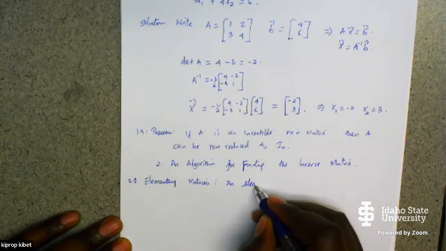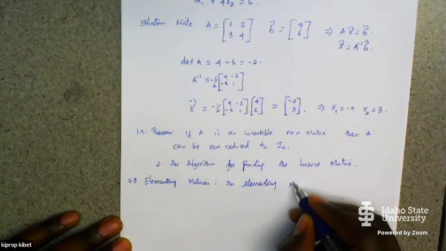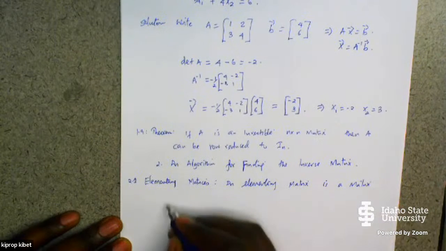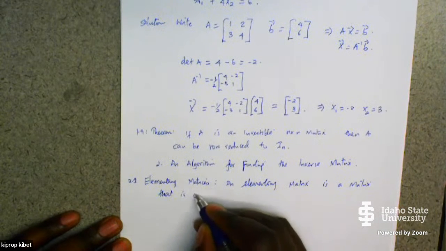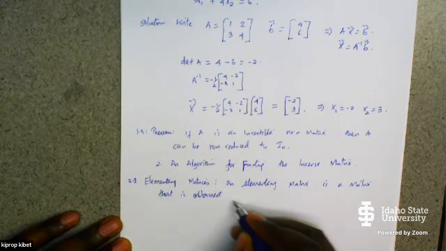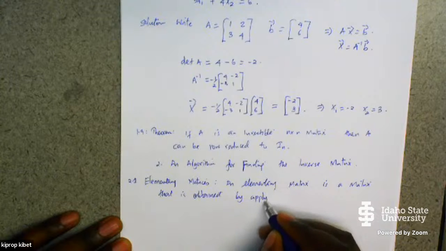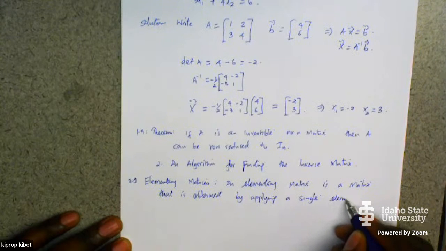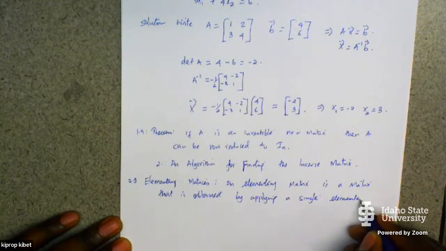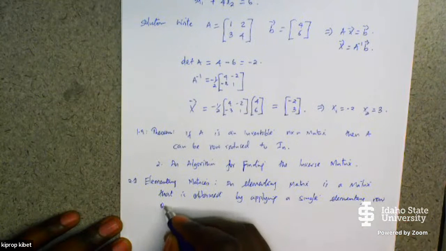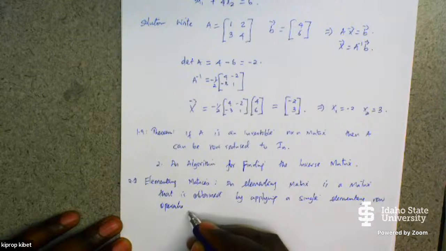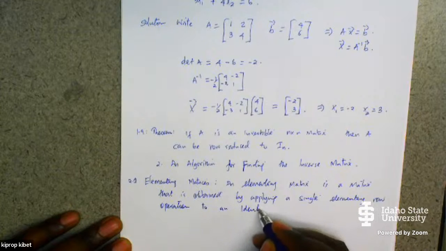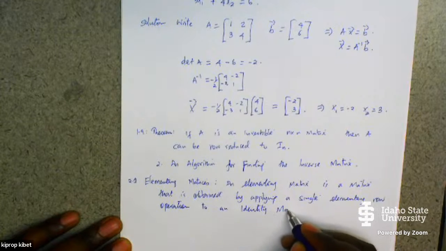An elementary matrix is a matrix that is obtained by applying a single elementary row operation to an identity matrix.